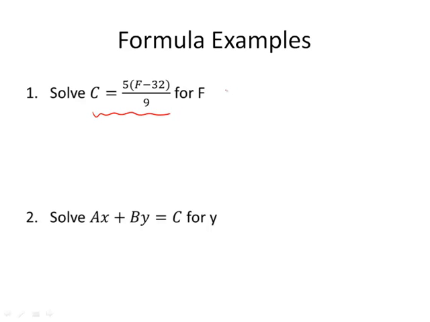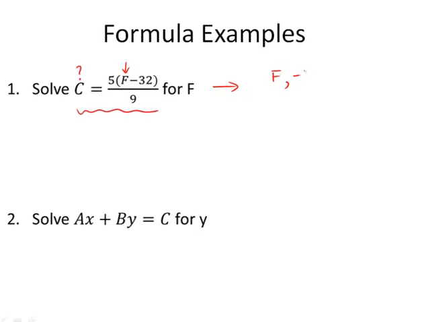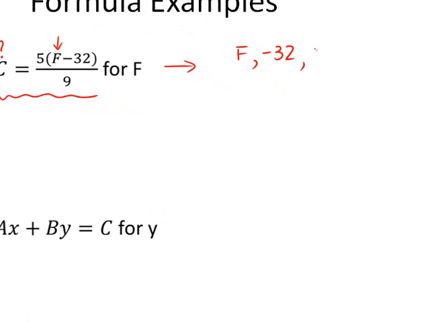Now, let's just think of how we would operate on Fahrenheit to find Celsius. Using the order of operations, first you would take your Fahrenheit, then you would subtract 32, then you would multiply by 5, and then you would divide by 9.